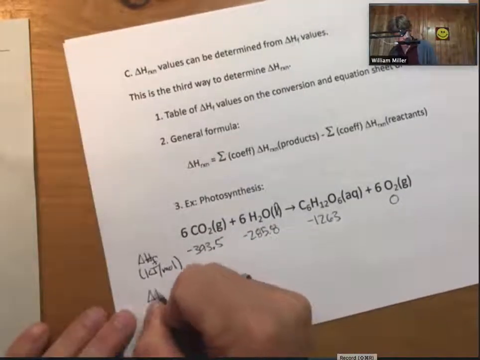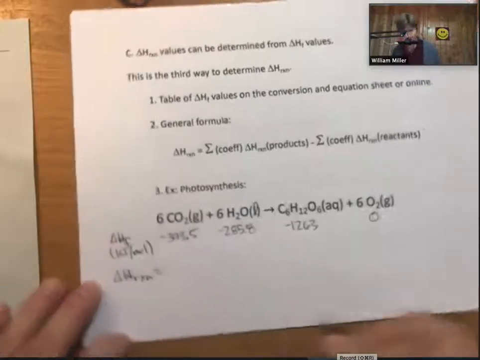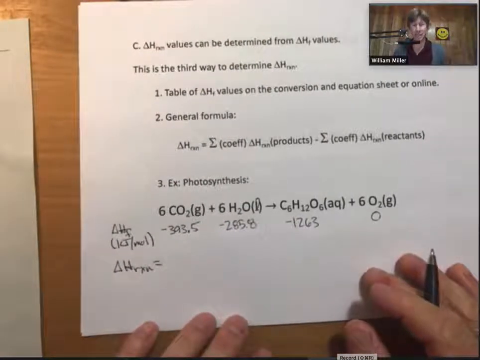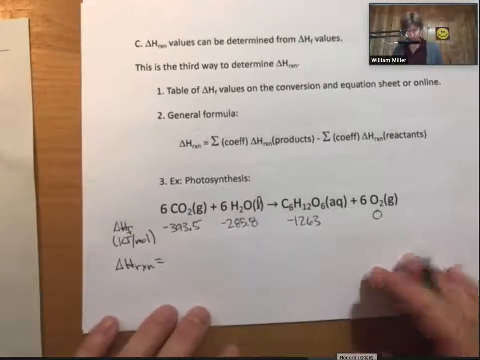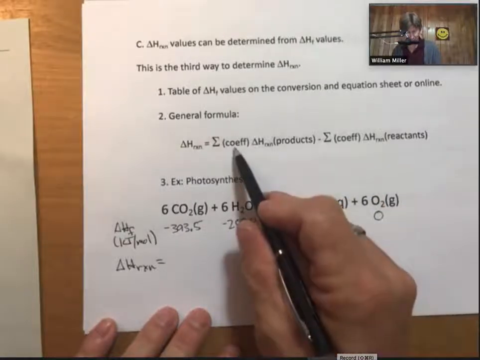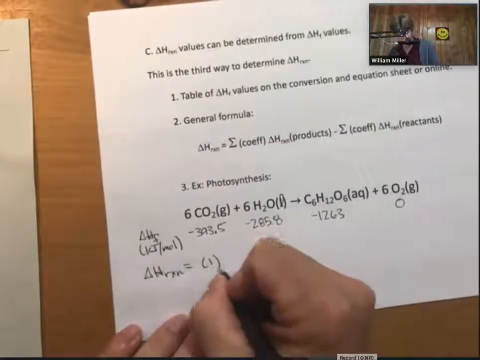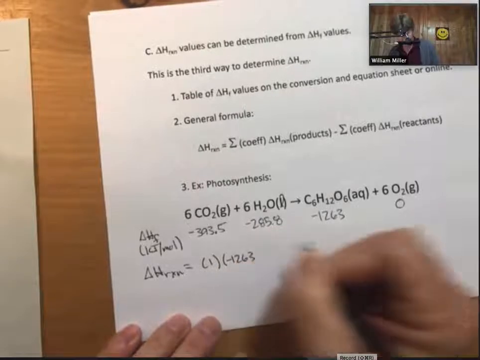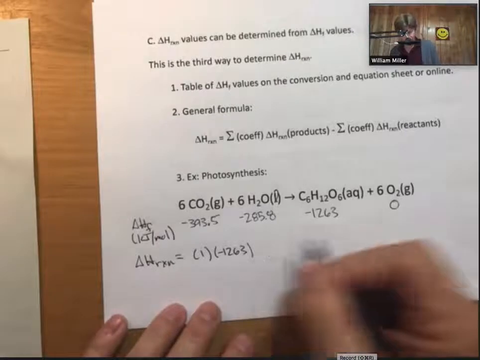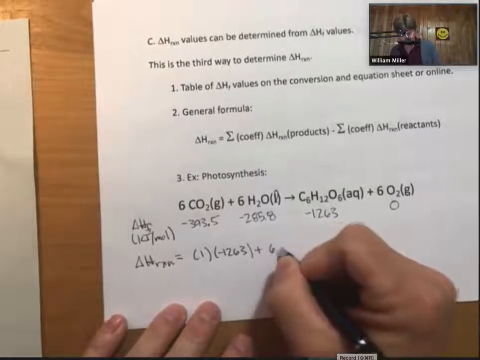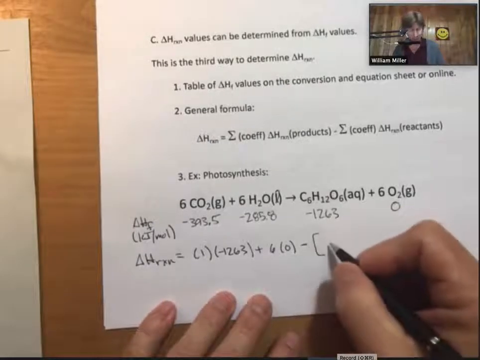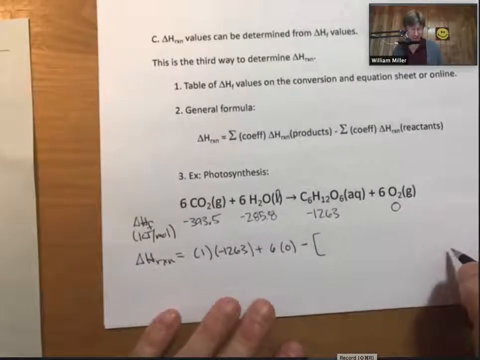Now, application of this formula is another application of final state minus initial state. Products will be our final state. So it's going to be delta H reaction products times their coefficient, so 1. And I'm going to omit units here until the end. Plus 6 times 0, minus, and this time it's going to be minus the quantity for all the reactants.